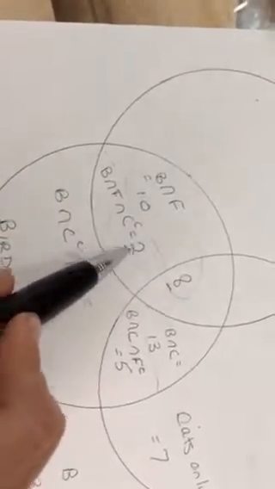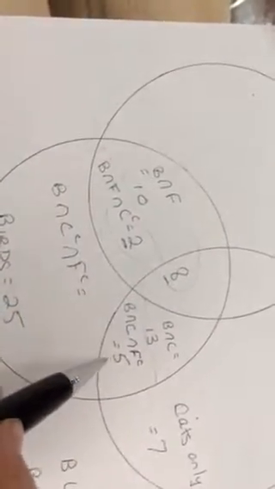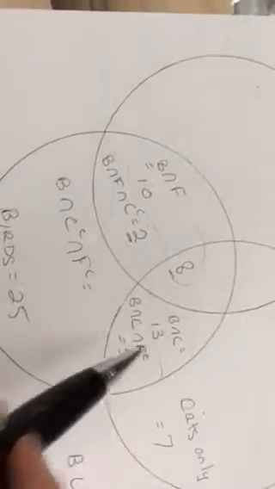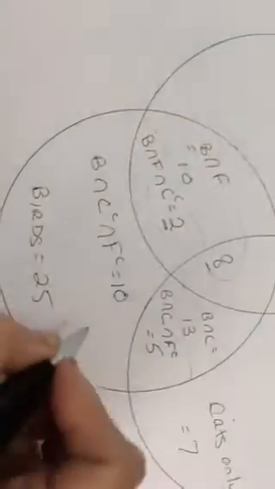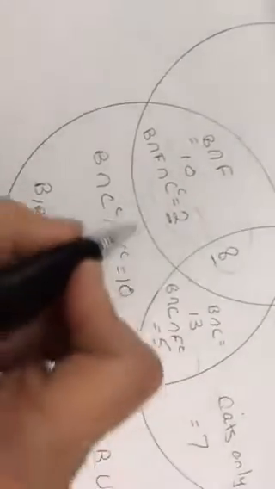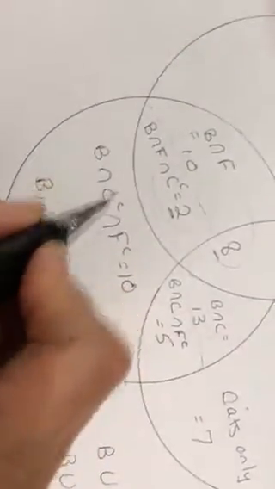The total circle is 25. And then we know this little piece is 2. This little piece is 8, this little piece is 5. So we got 15 in these 3 little pieces. Got 25 in the whole circle. So that leaves 10 in this piece.